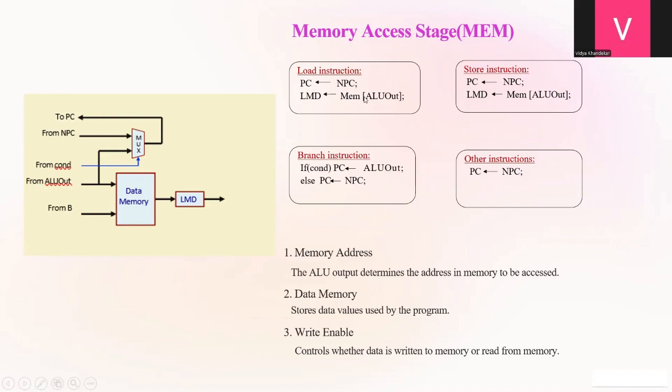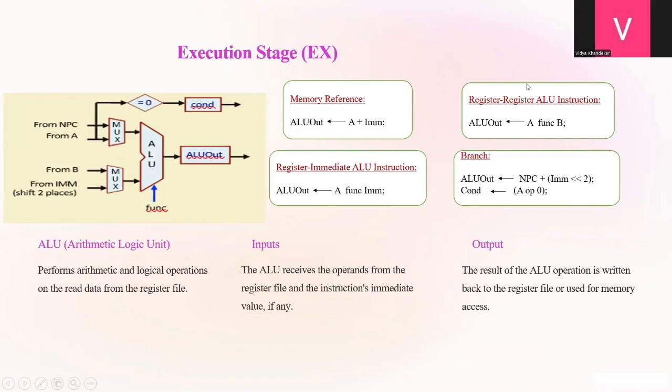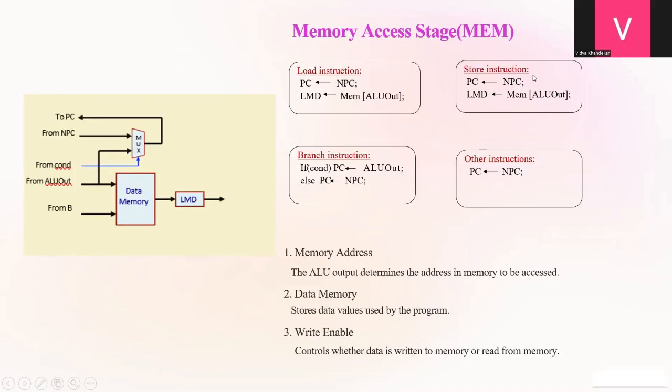Similarly for other operations, such as the store instruction, PC is loaded with NPC and LMD contains the memory content of ALU out. In a branch condition, if the condition is fulfilled, then the output will be stored in ALU out, else PC contains NPC.